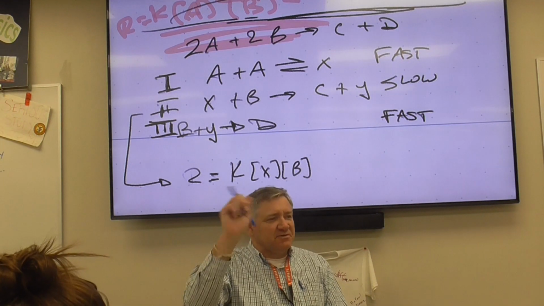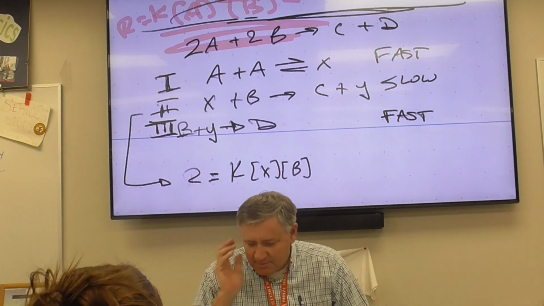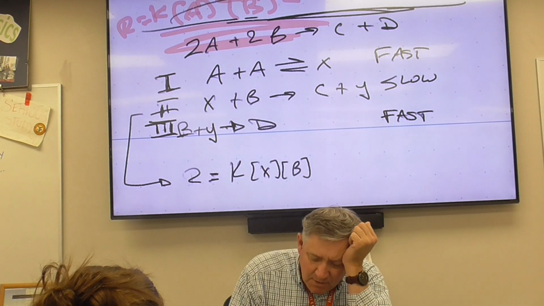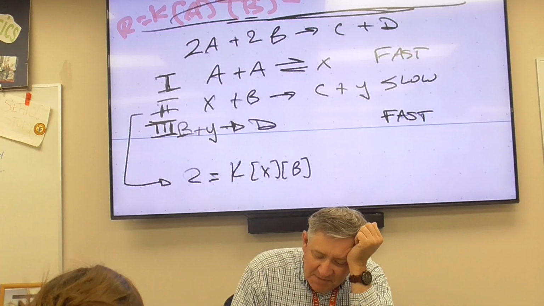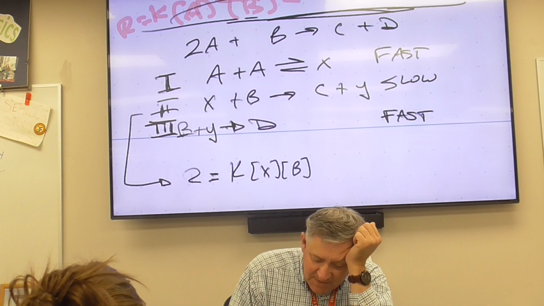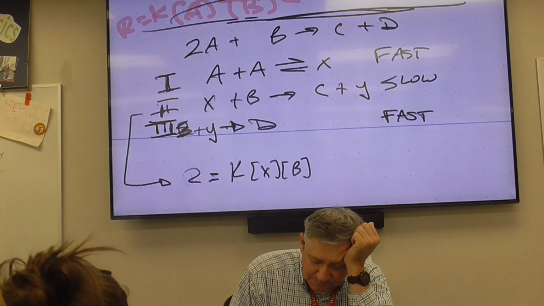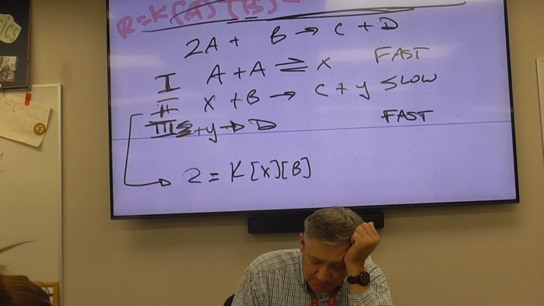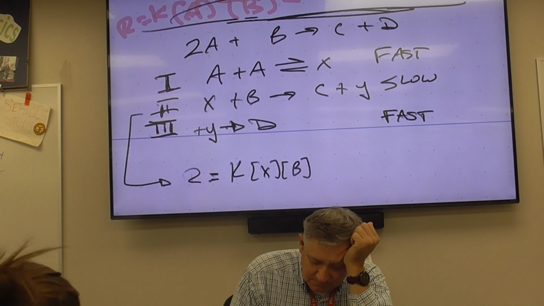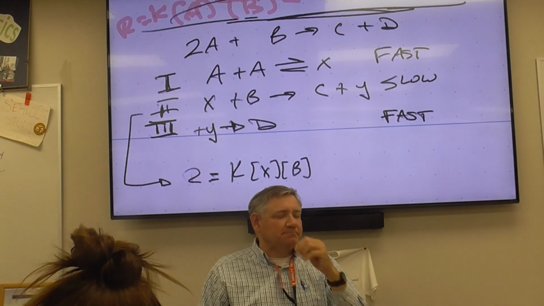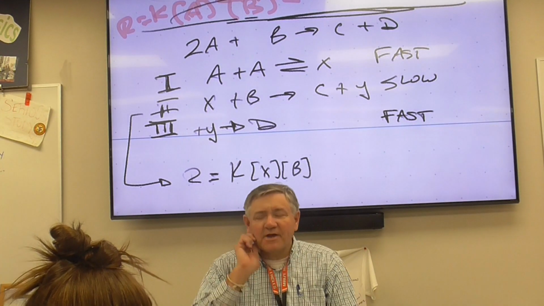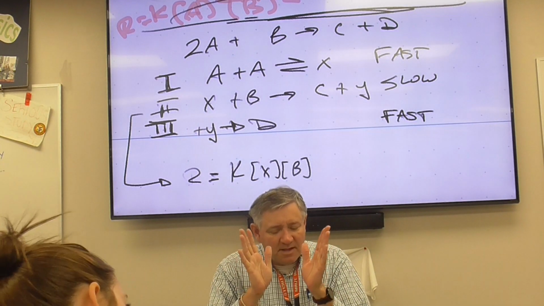I had marked it out to show that it cancels out. Oh, no, the whole thing is wrong. Hold on. It only needs 1 B. That's why there isn't a B in there.